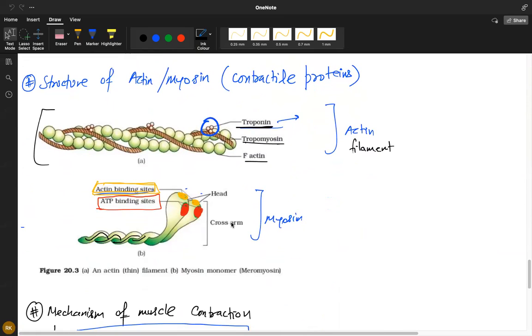Then the structure of actin and myosin. Each actin filament is made up of two strands of F-actin, which are helically bound to each other, and two filaments of tropomyosin are associated with the F-actin.